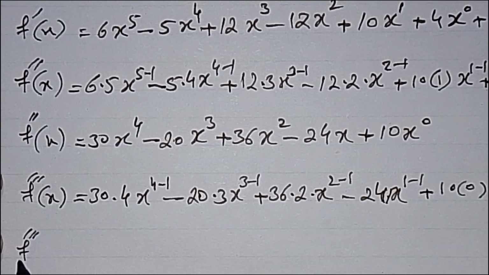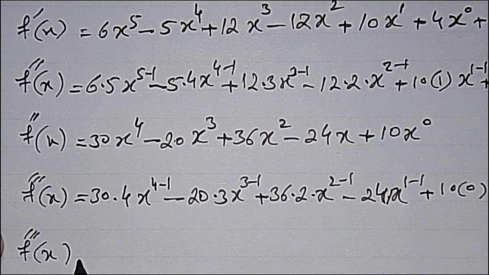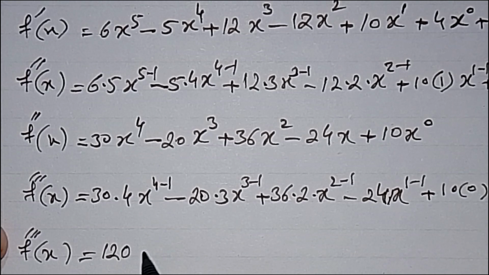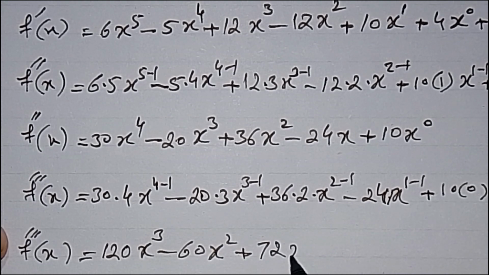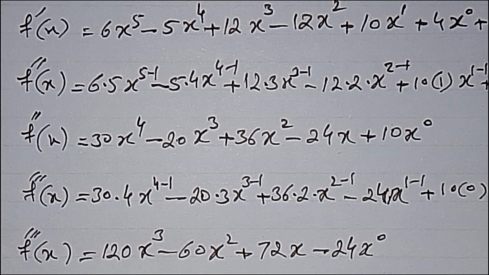So f triple dash x is equal to 120 x cube minus 60 x square plus 72 x minus 24 x raised to the power 0.